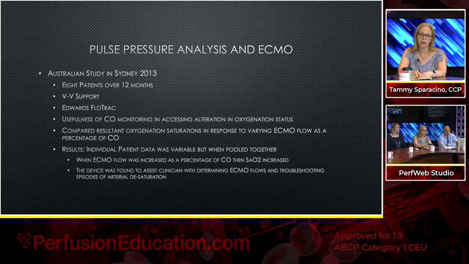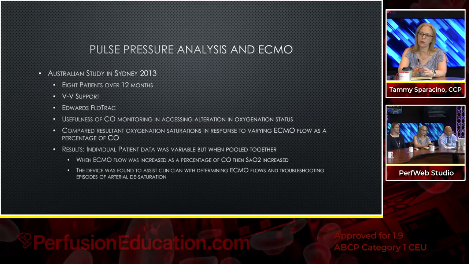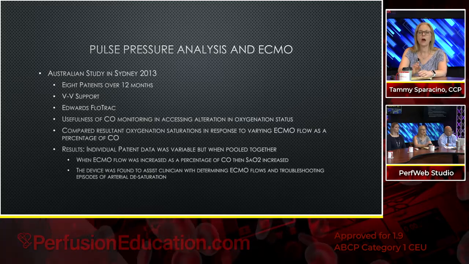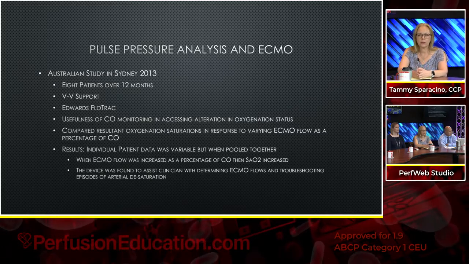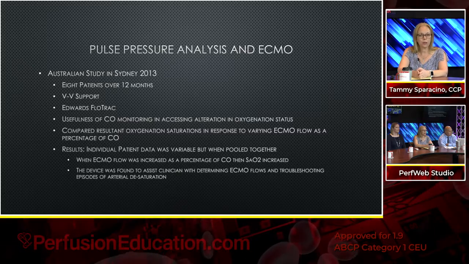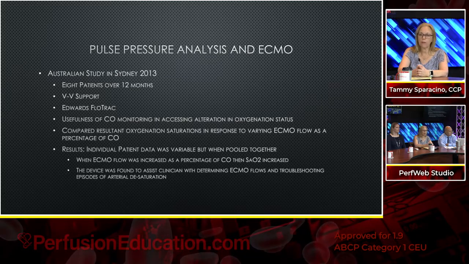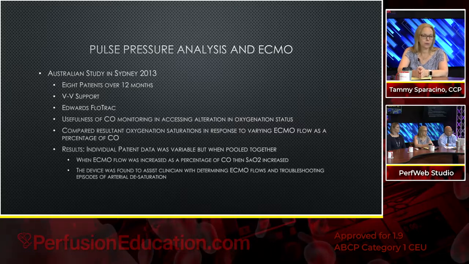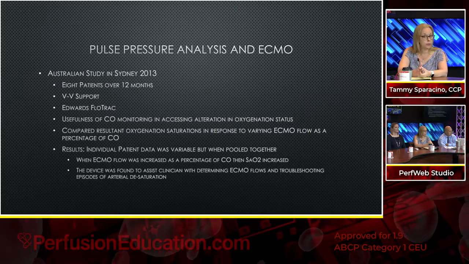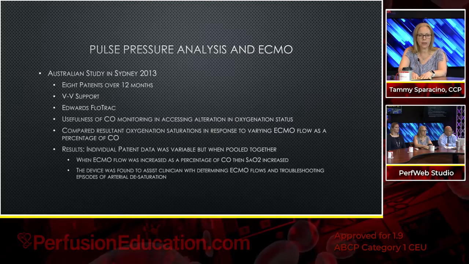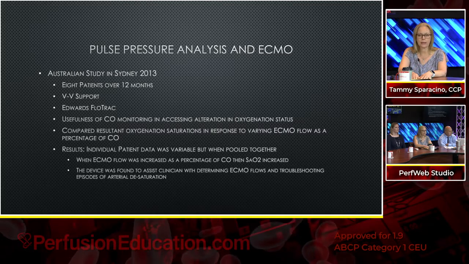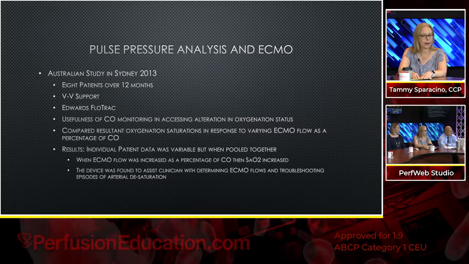But I did find this one, and I thought it was pretty interesting, even though it was a very small sample size. This was done in Sydney in 2013. They took all of their VV ECMO patients over 12 months that they were able to match up, and it was only 8, but they did this study using the Edwards FloTrac, because that's what they typically had available in their ICU.